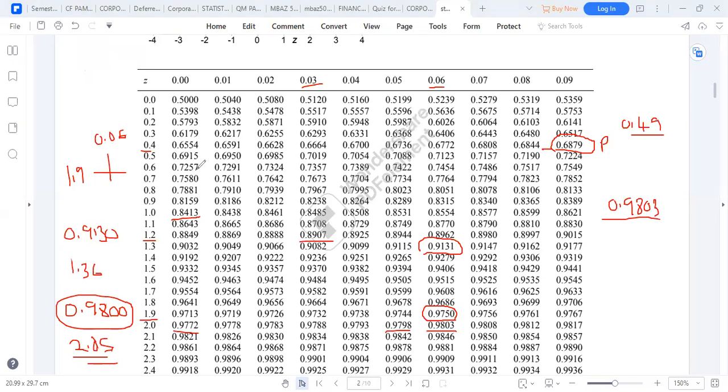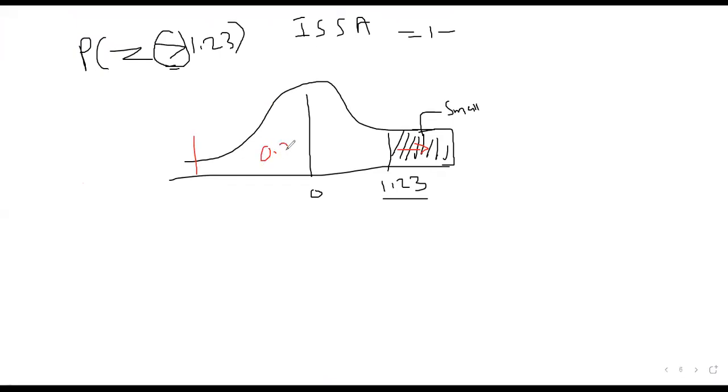So this means from here to here is 0.8907. To get this shaded region, we subtract 1 minus 0.8907, because this is 89.07%, and that cannot be the shaded area. You now get it? So give me the difference.